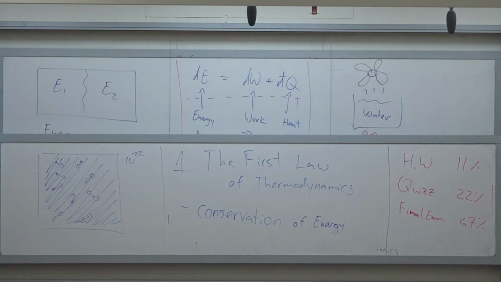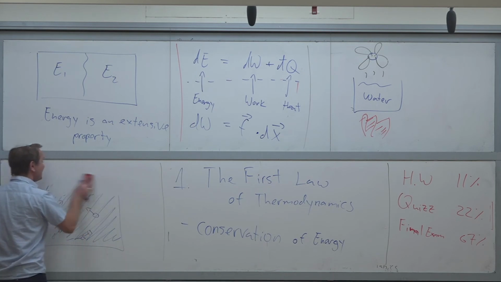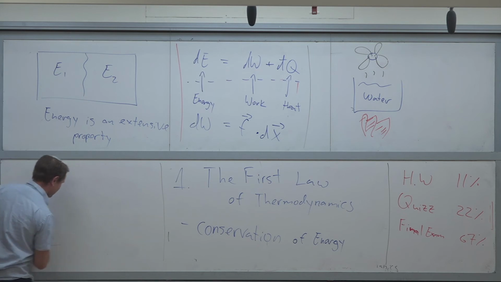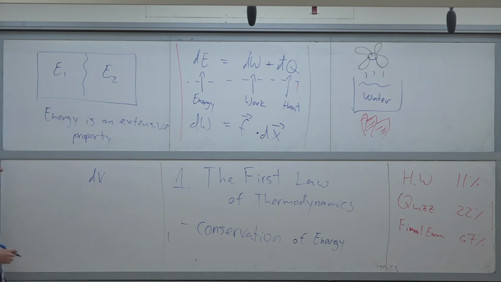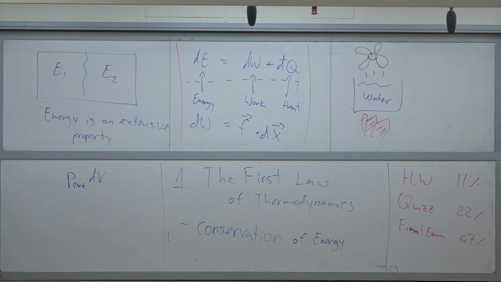What can x be? So for example, x can be volume, right? If I'm changing the size of the system by some dV, and the external pressure is P, the amount of work that was performed is minus P external dV.